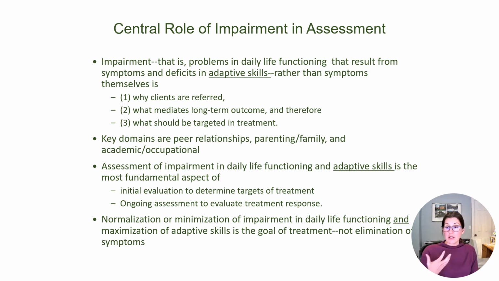And so these are the areas that we really should be assessing when we are assessing for impairment or deficits in adaptive functioning. And really this assessment is the most fundamental aspect of both the initial evaluation and how we determine what the targets of treatment should be, as well as our ongoing assessment or progress monitoring.